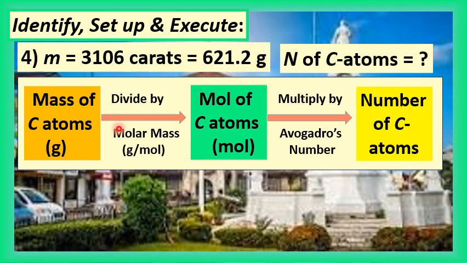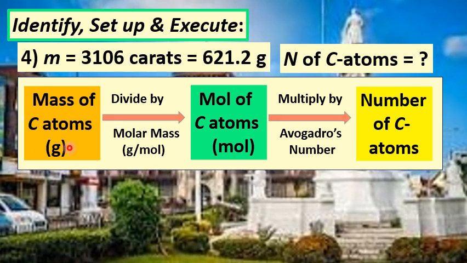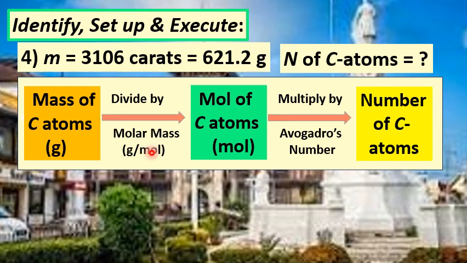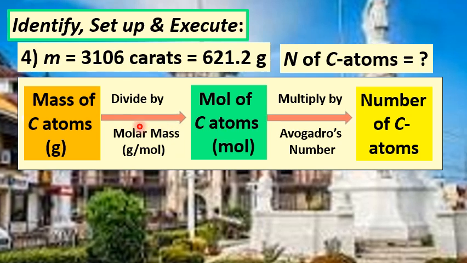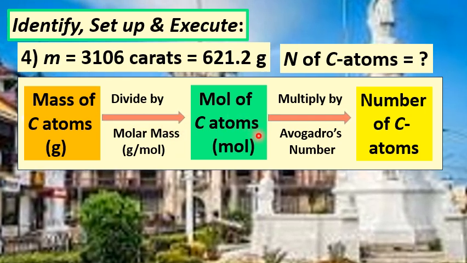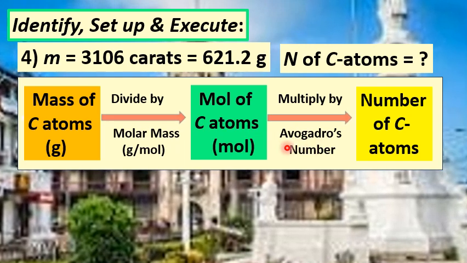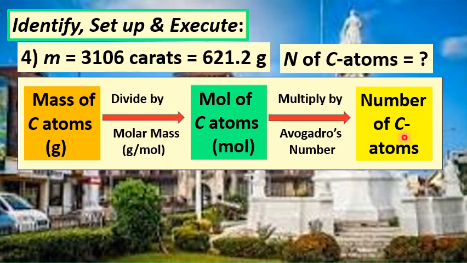Starting with the given mass of carbon atoms in grams, we divide it by the molar mass of carbon in grams per mole. So that will be multiplied by the Avogadro's number. And we end up getting the number of carbon atoms.